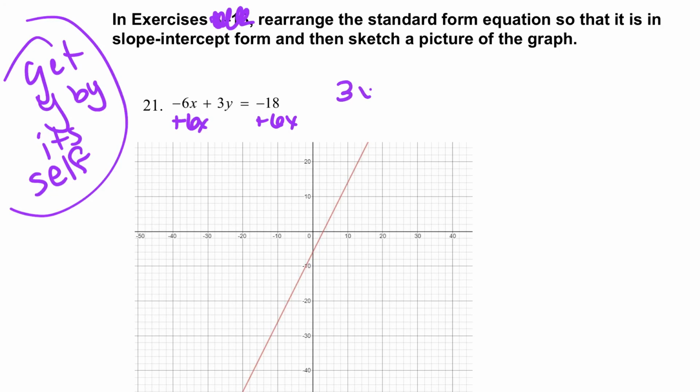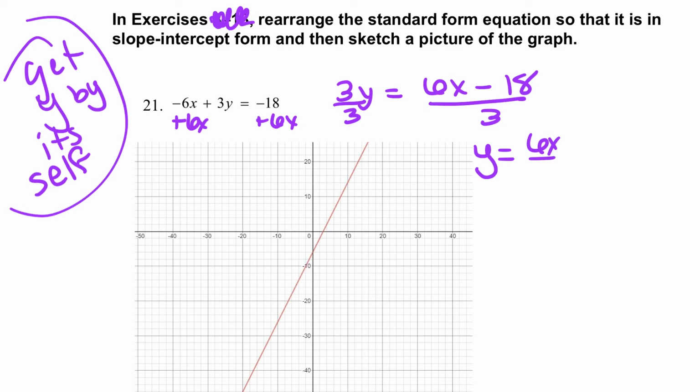And I'm left with 3y is equal to 6x minus 18. Then I'm going to divide both sides by 3. And I get y is equal to 6x over 3 minus 18 over 3. So then I simplify it. I get y is equal to 2x minus 6.